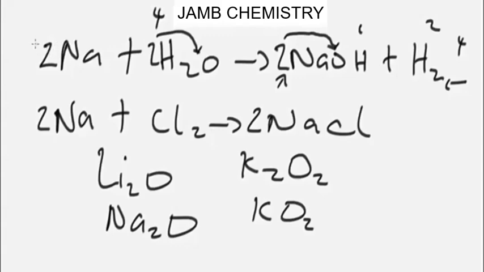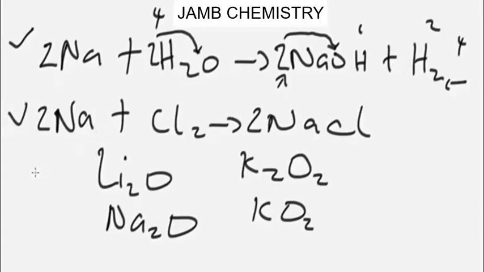So take note of what we just looked at. Firstly, when they react with water, they form hydrogen gas and metal hydroxide. Secondly, when they react with chlorine gas vigorously when heated, they form common salts.